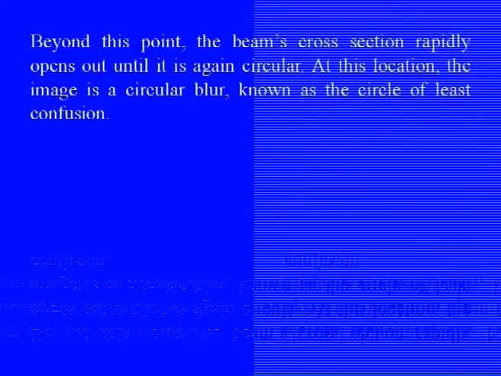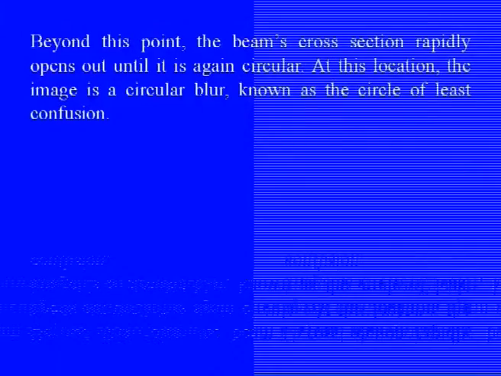Now, beyond this point, the beam's cross section rapidly opens out until it is again almost a circle. At this location, the image is a circular blur, not very well focused naturally, and known as the circle of least confusion. Moving further, at S, the rays in the meridional plane have now defocused.